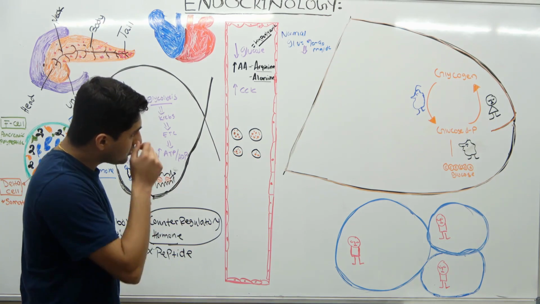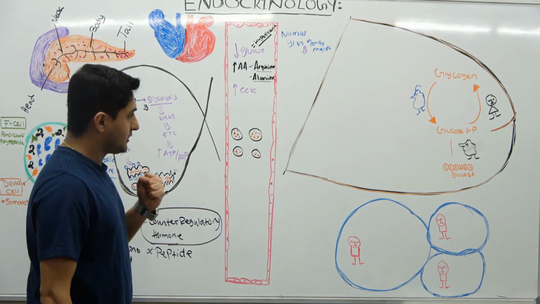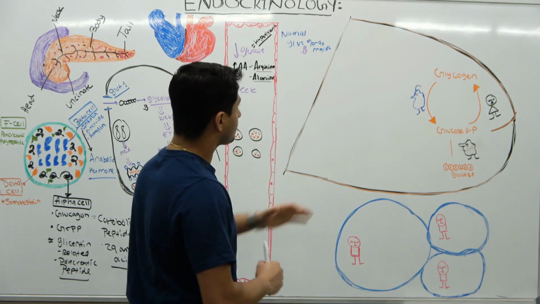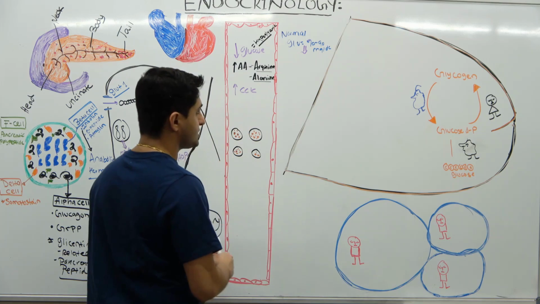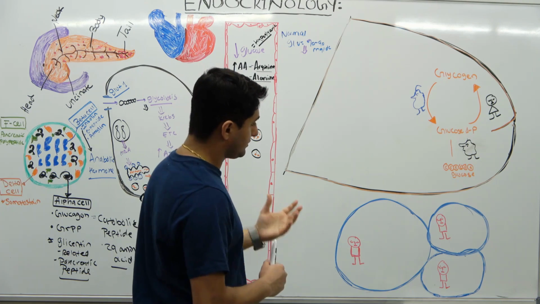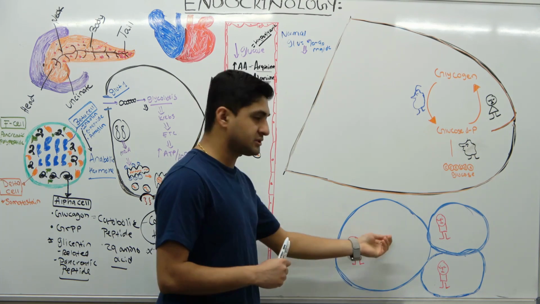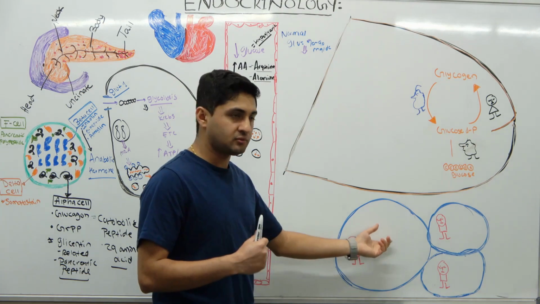Now, what does it do here, okay? Let's talk about this. Your glucagon is now in the circulation. So when it goes to, let's say, the liver, or when it goes to the adipose tissue, what is its role there? We'll have to talk about it.